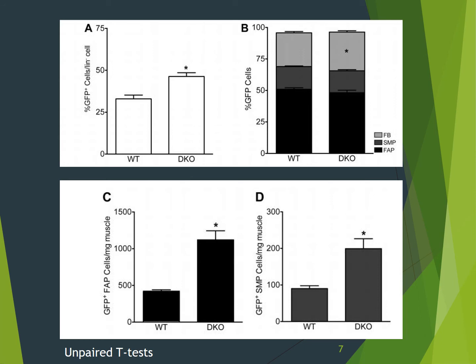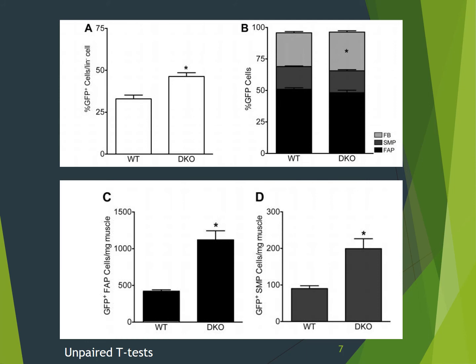Next, on panel B, we're looking at the percentage of GFP in different cell types, in the wild type and in the DKO mice. The darkest is the FAP, or fibroadipogenic progenitor cells, which did not see a statistically relevant difference between the two organisms.